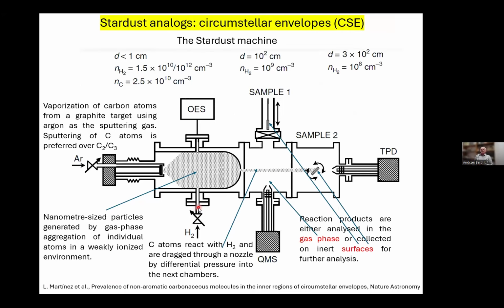There are also special machines like the Stardust machine that are prepared for sputtering of carbon material to atoms, and these atoms are introduced to a chamber where they join each other, forming more complex molecules with addition of hydrogen.